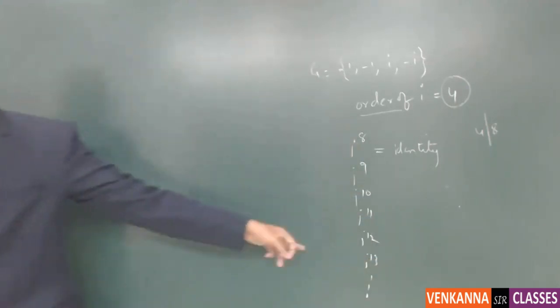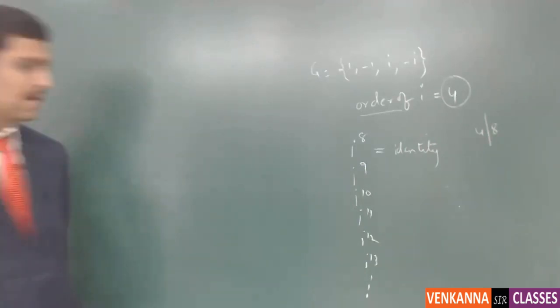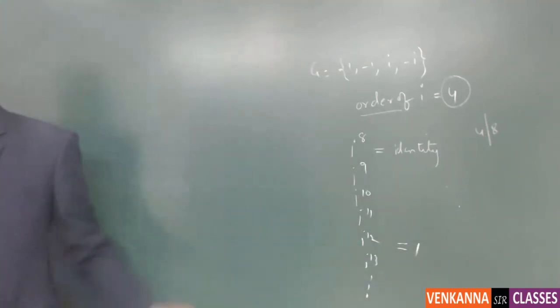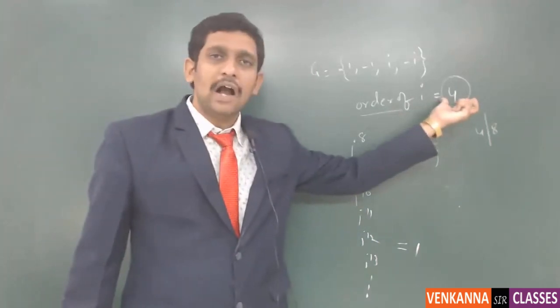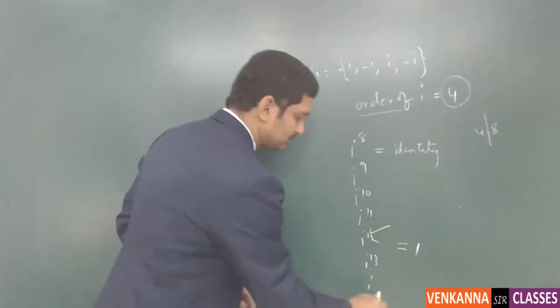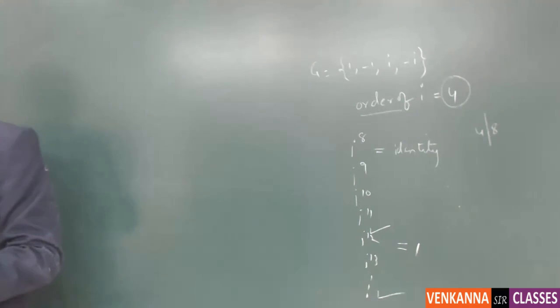Tell me at what power you will get the identity. You will get i power 12 is equal to 1. i power 16 is also 1. So you can say that the order of the element is dividing the powers, and so on. You get the logic? So this thing we can frame it theoretically.